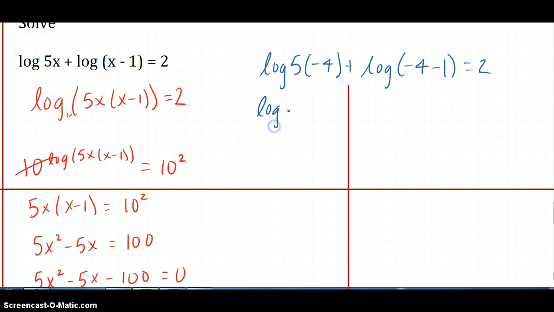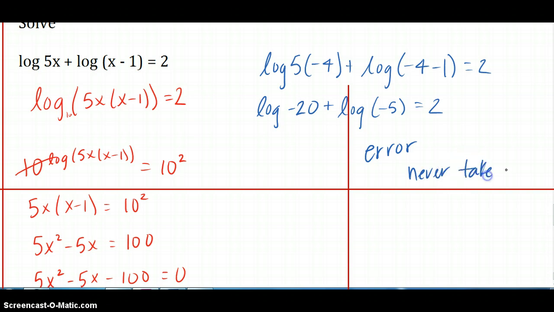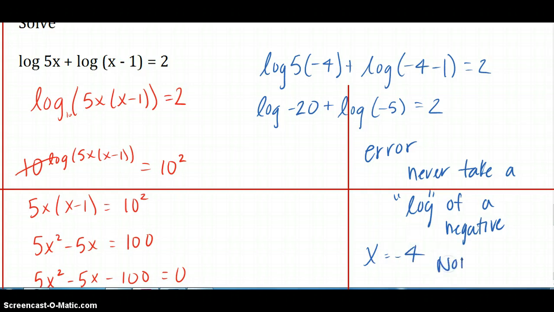That gives us log of -20 plus log of -5 equals 2. And when you try and type this in your calculator, you're going to get an error, because you can never take a log of a negative number. So -4 is not a solution.